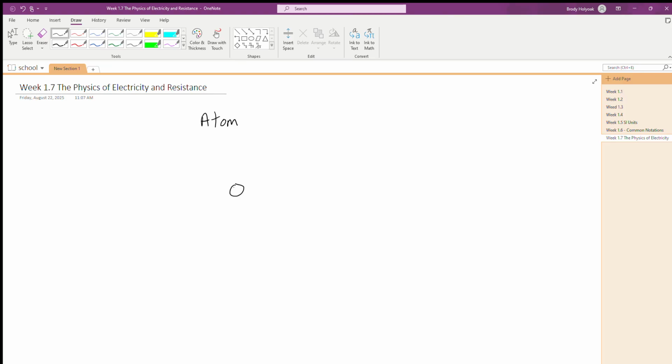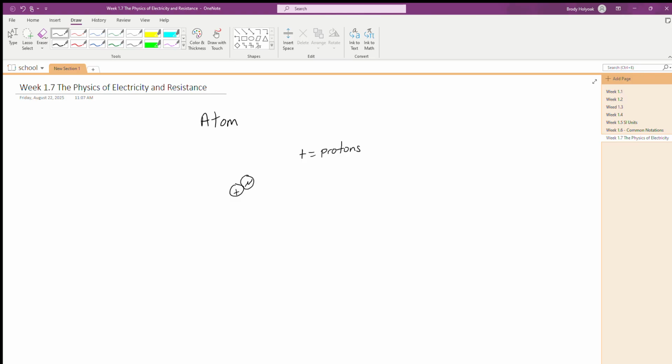We have protons, which are positively charged. We are also made up of neutral portions. Oops, make this eraser a little smaller. Do that one right there. So we'll redraw this.